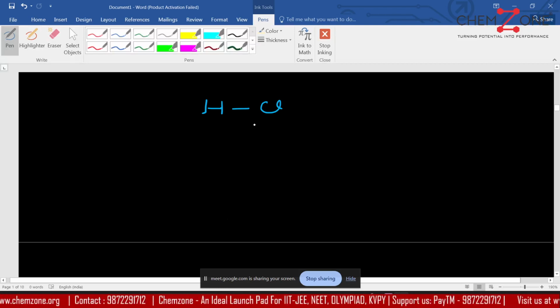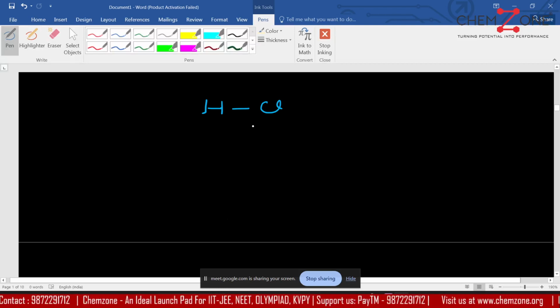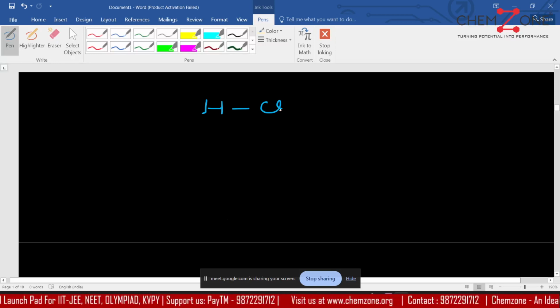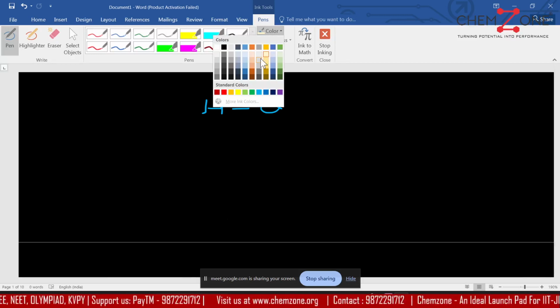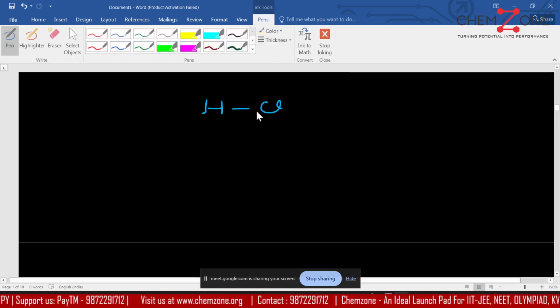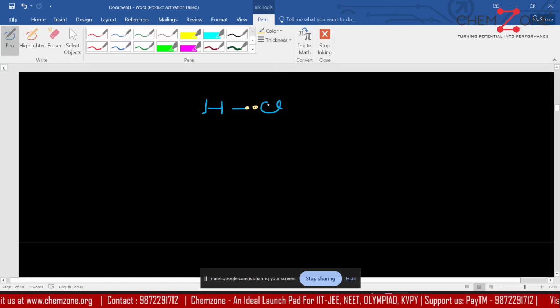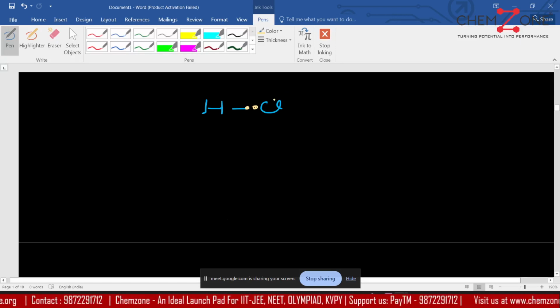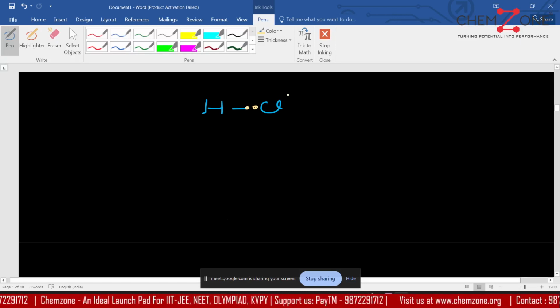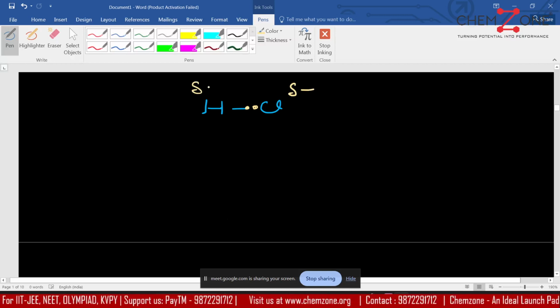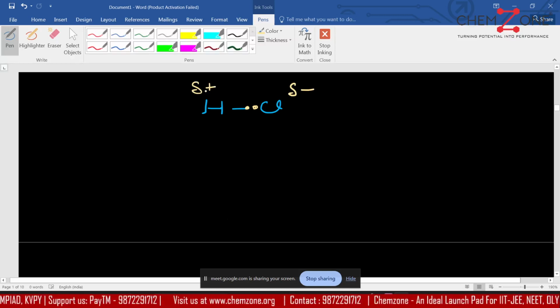Out of the hydrogen and chlorine, the chlorine has more tendency to pull the electron cloud towards itself, right? It is not equally distributed, so chlorine is having a partial negative charge and hydrogen is acquiring a partial positive charge.